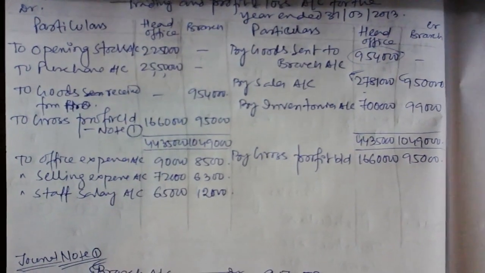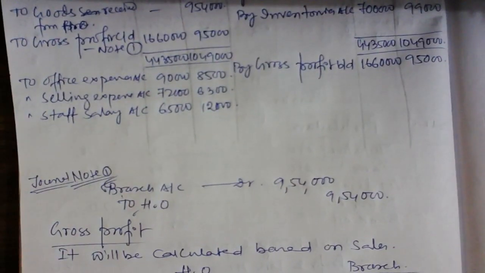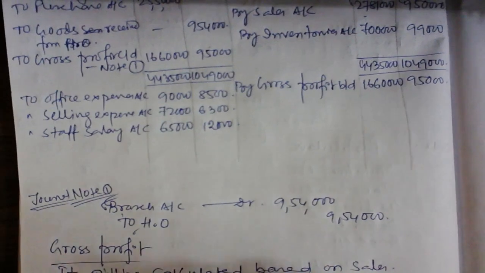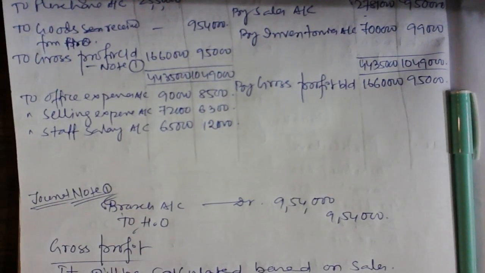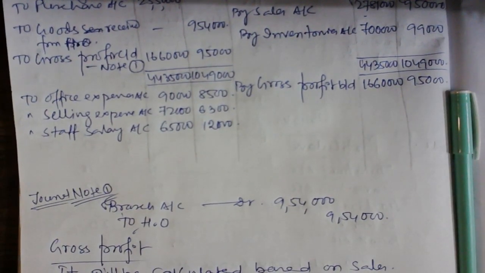बाकी ऐसा कुछ नहीं है, तो अभी क्या करना है मुझे, देखिए guys, now think very clearly. Okay, the first thing is that you need to understand here that goods sent by the HO to the branch includes a profit.